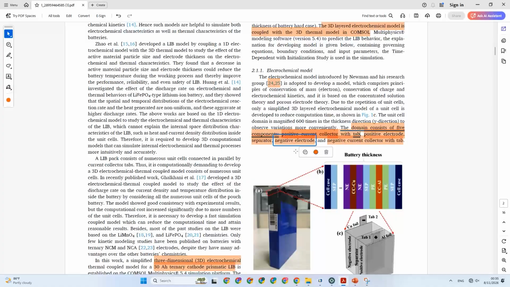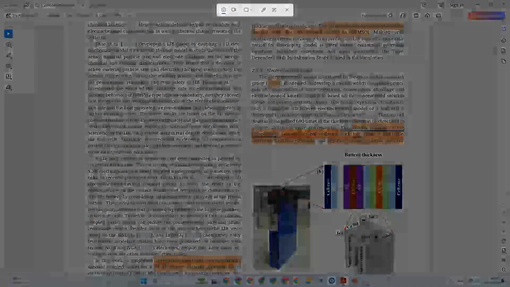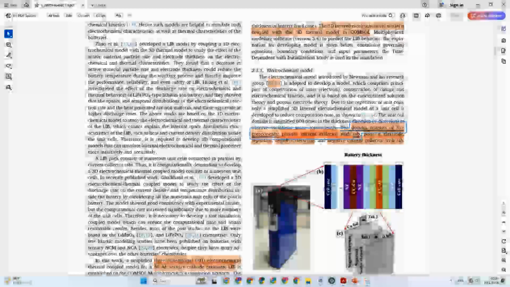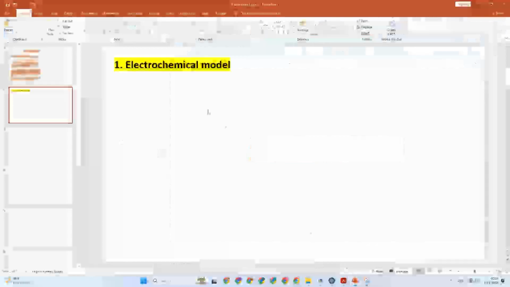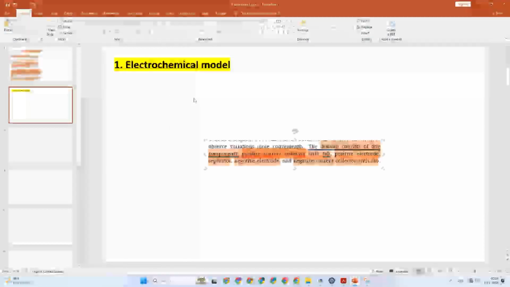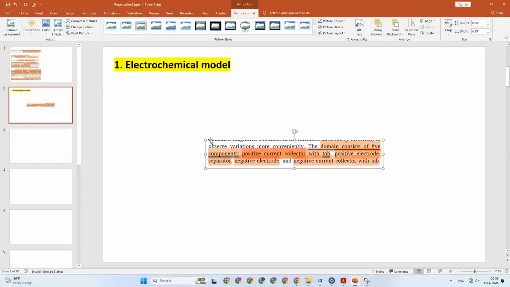We have 5 components for the electrochemical model.